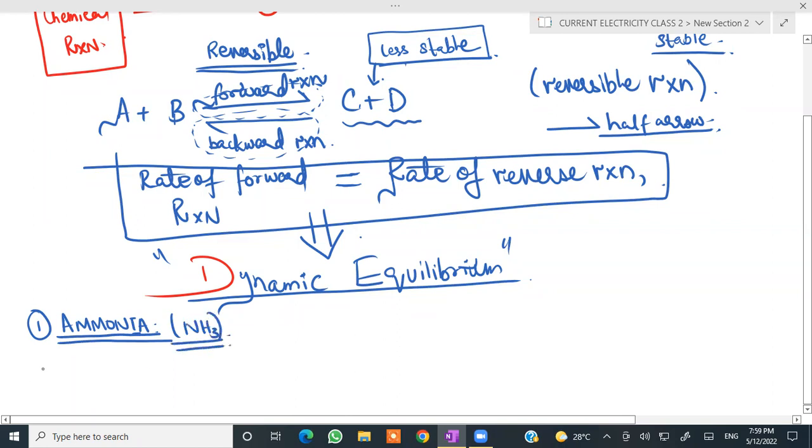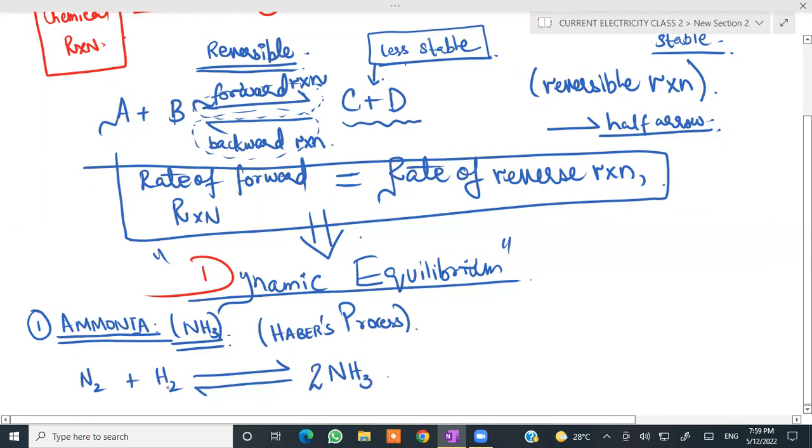Haber's process. Yes. It's manufactured using the Haber's process, in which nitrogen combines with hydrogen forming ammonia in a reversible reaction.